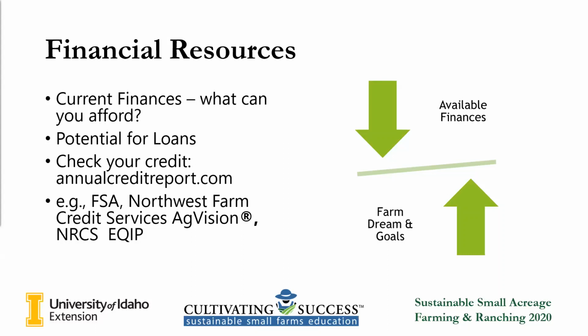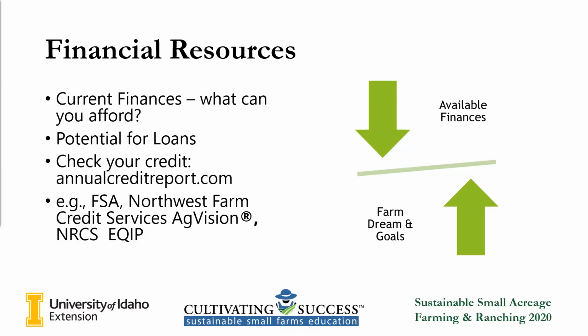And then other resources include the Farm Service Agency, so that's the FSA. In our community, the Northwest Farm Credit Services is a great bank that works a lot with farmers and beginning farmers and ranchers. And they have a program called Ag Vision, and you can look that up online.